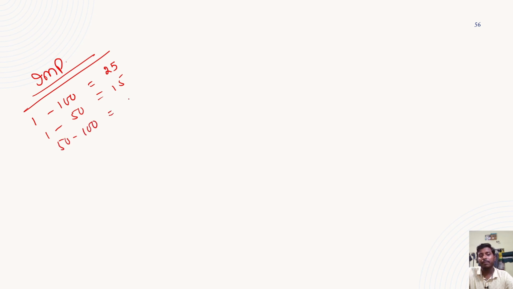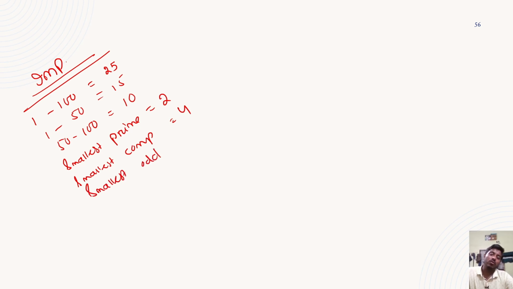Now some important facts you must remember. From 1 to 100, how many prime numbers? 25 prime numbers. From 1 to 50, there are 15, and from 50 to 100, there are 10. The smallest prime number is 2. The smallest composite number is 4.